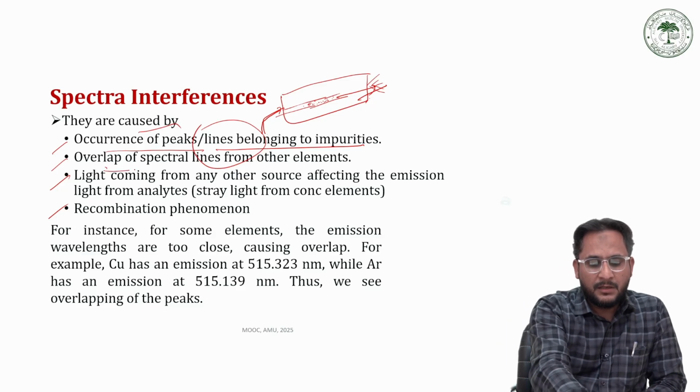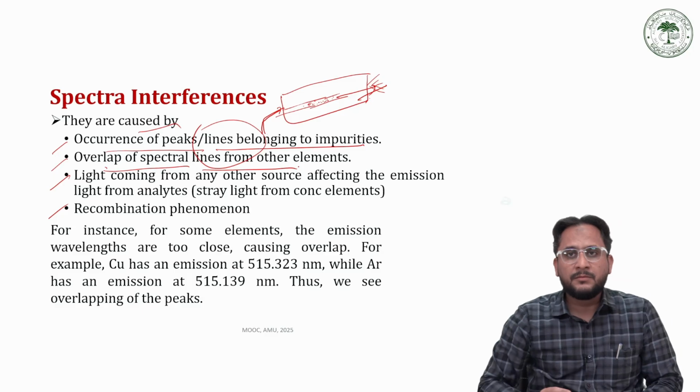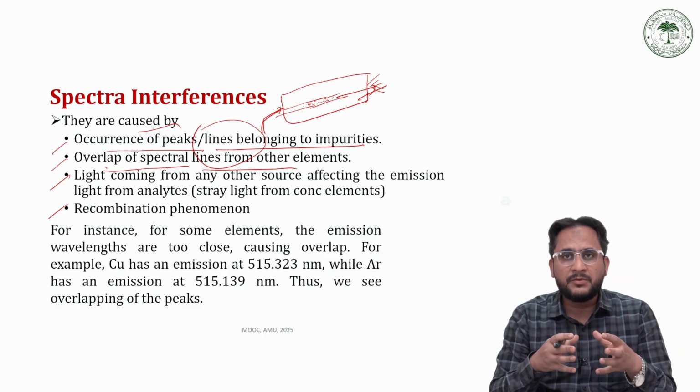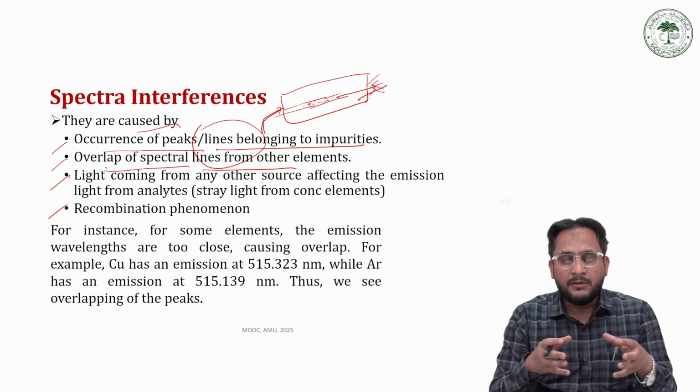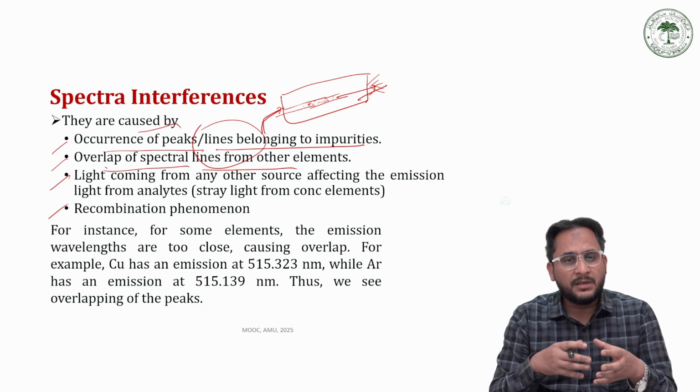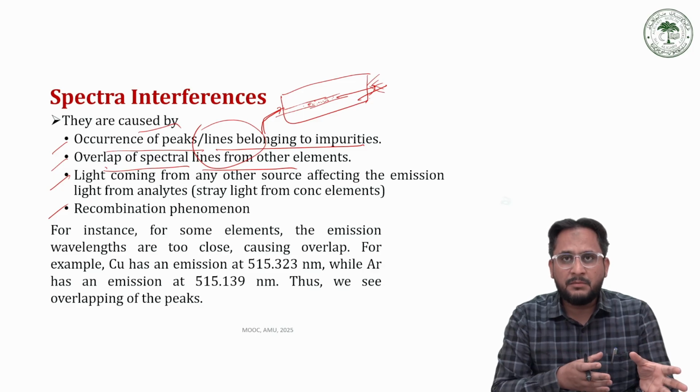Sometimes a few lines are very close to each other. Some of the elements have emission lines that are very close to each other, which causes ambiguity in the analysis. Or sometimes we completely mess up and consider a line which is given by some other element.